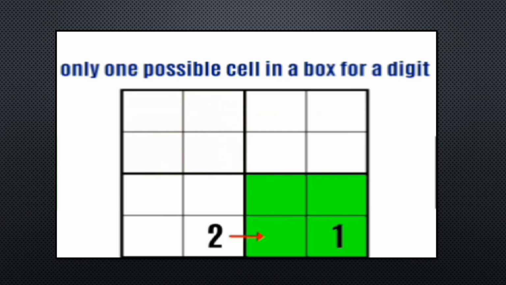We can draw the imaginary line from 2 and we are left with 2 boxes where we can write 2. So, there is a confusion. So, we will leave this at this point and we will move ahead. We will again come back to find out the numbers to be written in these boxes.